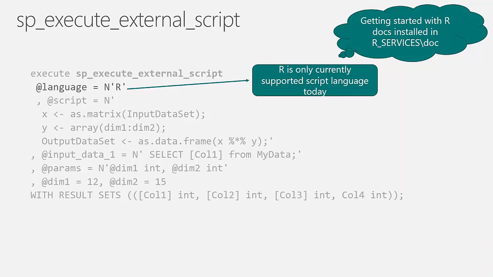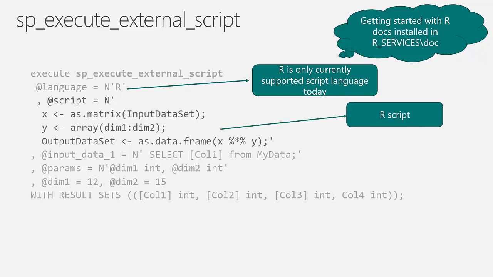So this procedure is essentially like a mechanism to invoke any runtime, right? So one of the parameters would be what is the runtime you're trying to use, right? So that's the language. And then the second parameter is just the script itself, right? Currently it's embedded as a literal. I mean, you can actually store it in a table and retrieve the script from there.